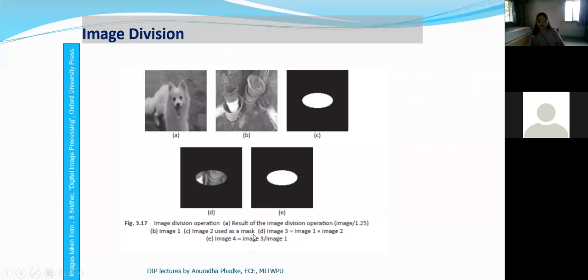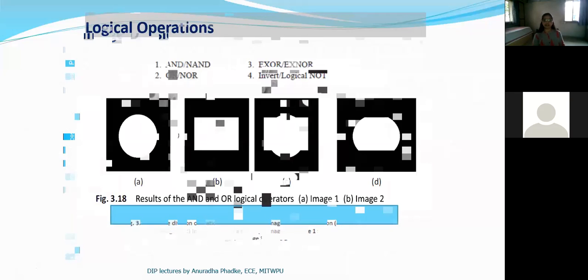That's why image 3 divided by image 1 gives us image 4 as shown here. Inside the ellipse we are getting values 1, outside the ellipse we are getting values 0. So this is a simple image division operation.